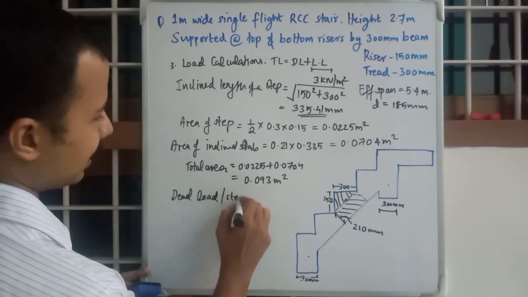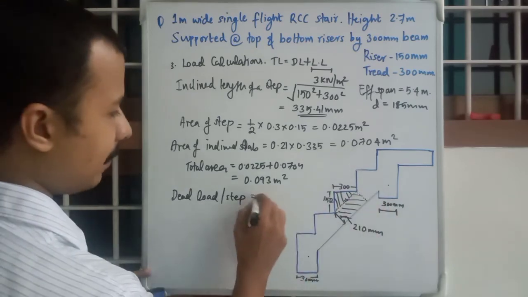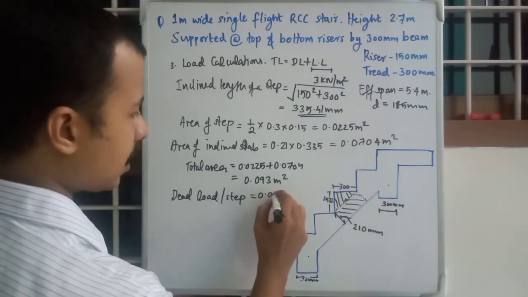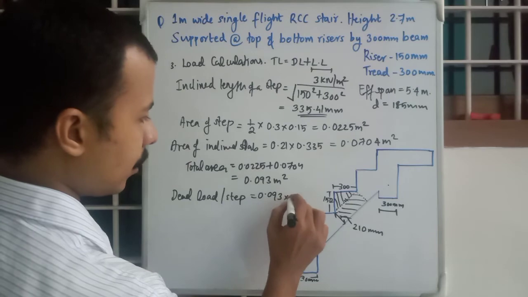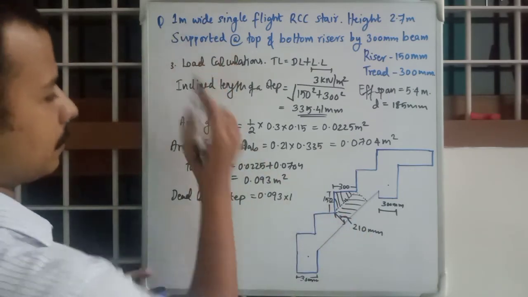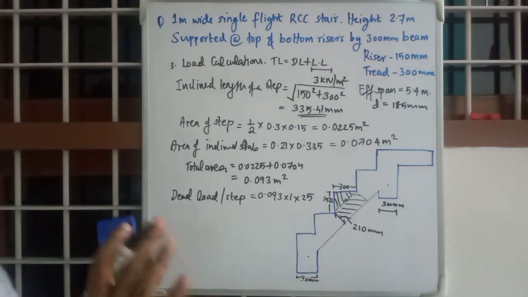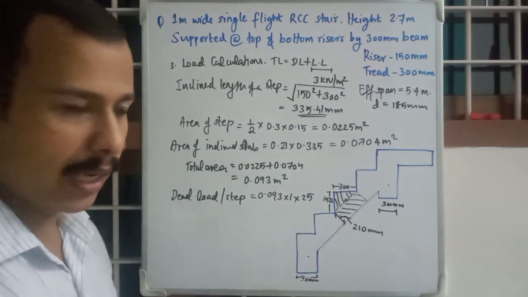Dead load per step. Okay, per step, that will be simply 0.093 into 1 into what? 1 is the width of step, right? 1 into 25. 25 is the weight density of concrete, RCC.